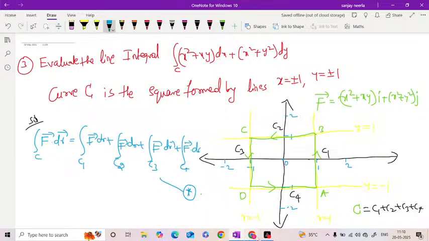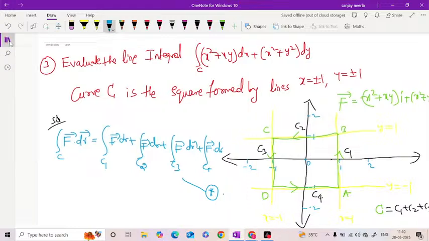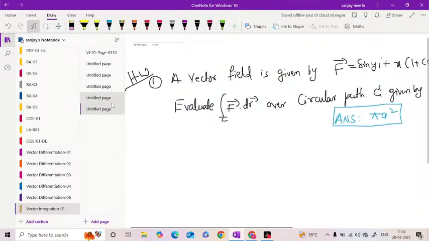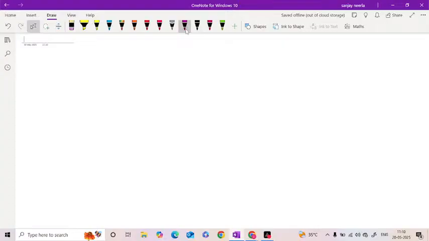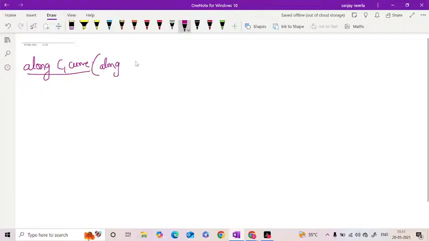Now come first of all to along the C1 curve. Along C1 and along the AB path, both mean the same, don't confuse.